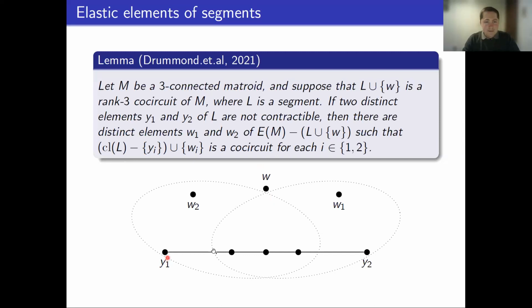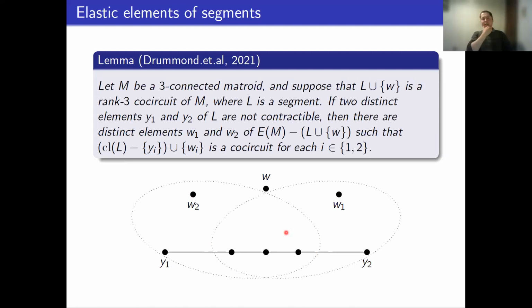If Y1 and Y2 are not contractible, that is, the simplification after contraction is not 3-connected in both cases, so you're going to have some vertical 3-separation floating around, then there must be 2 other distinct elements, W1, W2, such that the closure of that segment, so the kind of entire segment as it were, minus Yi union Wi, so here's the i equals 1 case, I suppose, is a co-circuit, a rank 3 co-circuit, and that holds for each i.